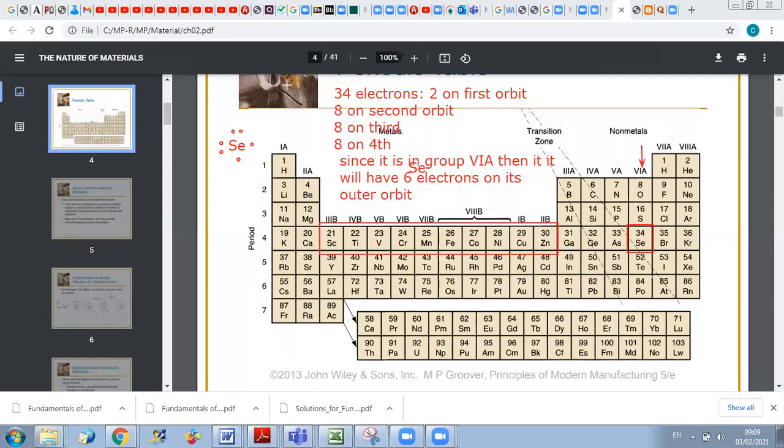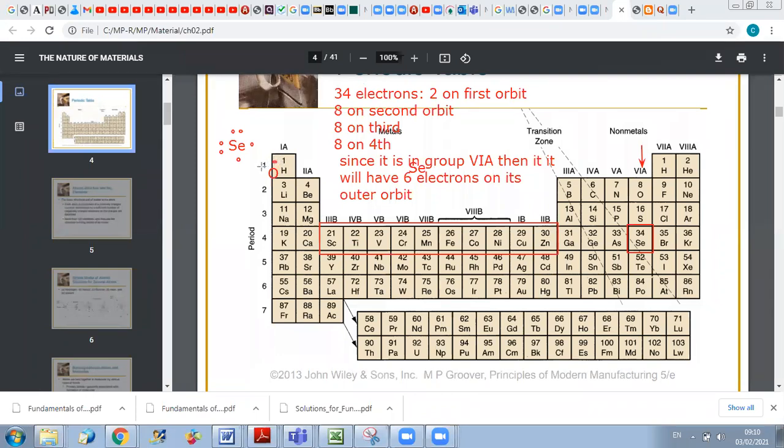Okay, so if I combine it with oxygen, I will have covalent bonding, since if I put O here with it, then O also has 6 electrons on its outer orbit.